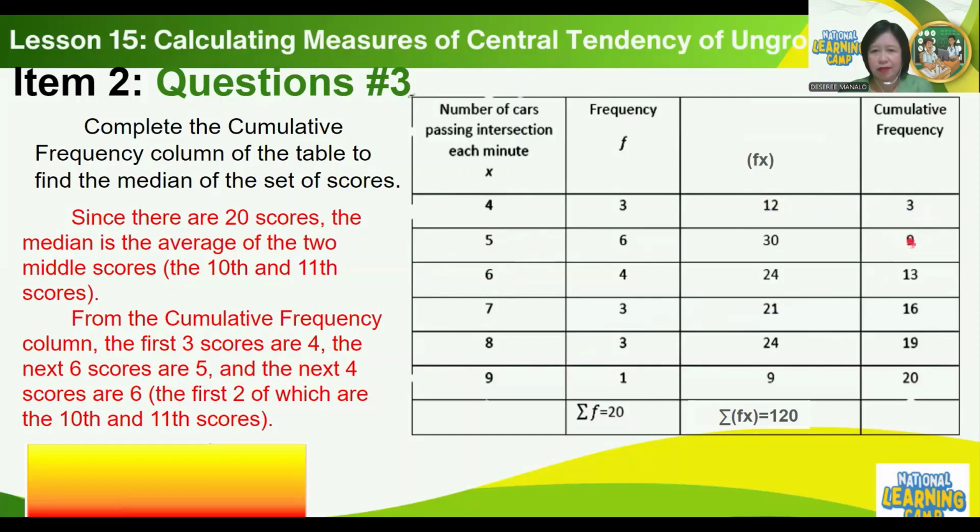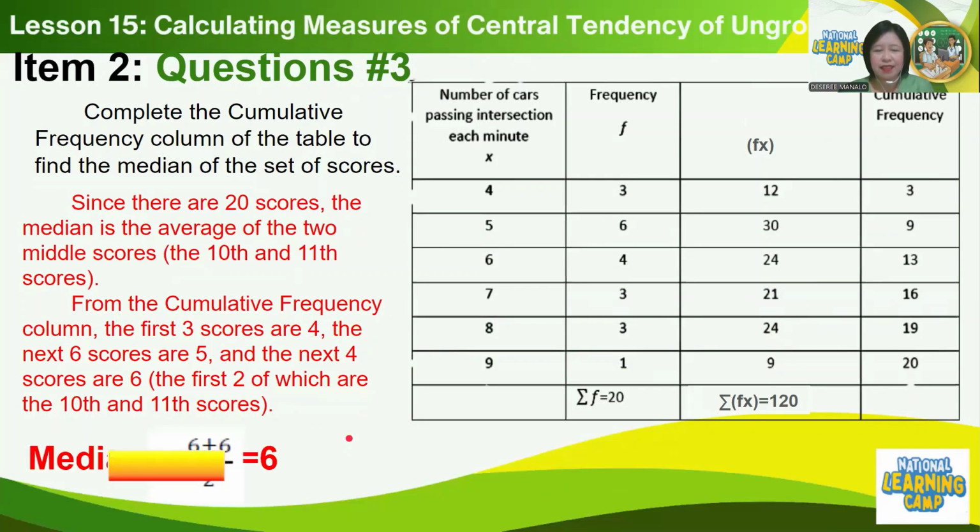Next, the next 4 scores are 6, and the first 2 of which are the 10th and 11th scores. So the median is 6 plus 6, equal to 12, divided by 2 is 6. Our median is 6.